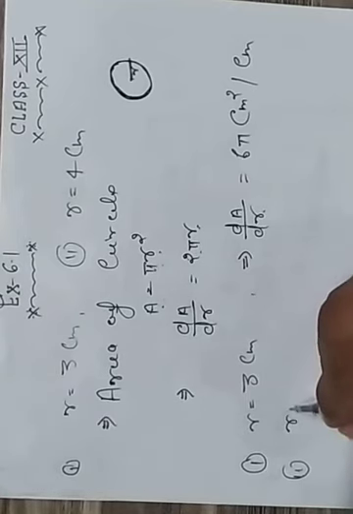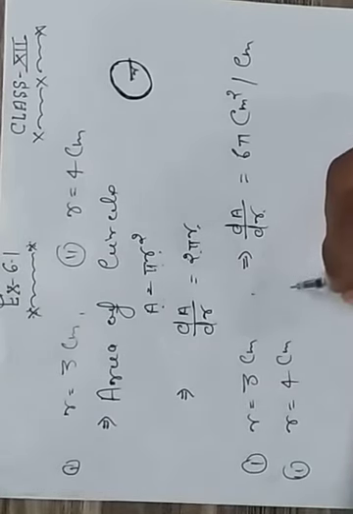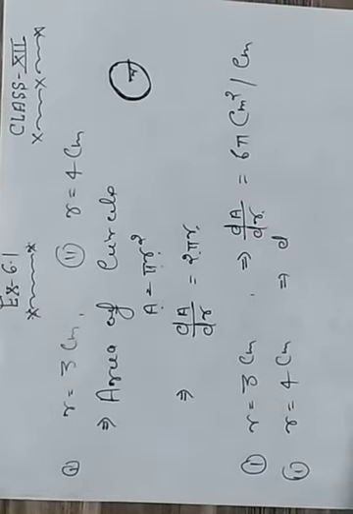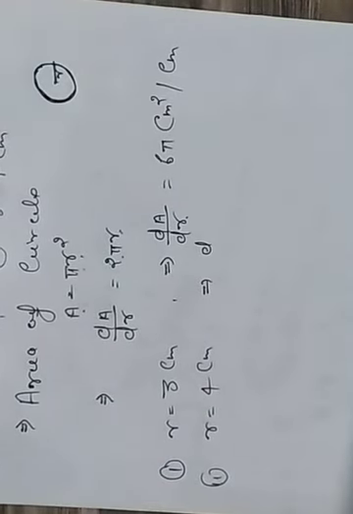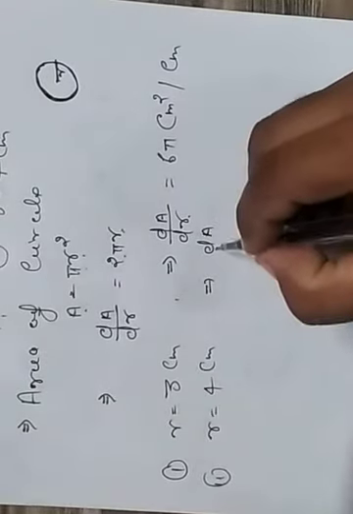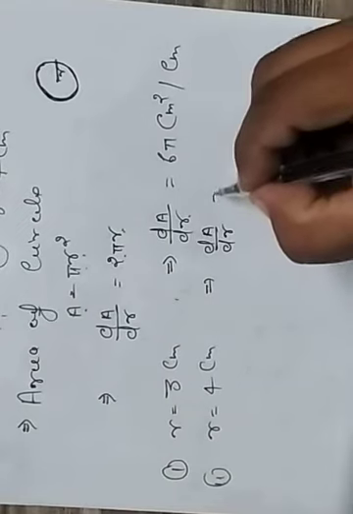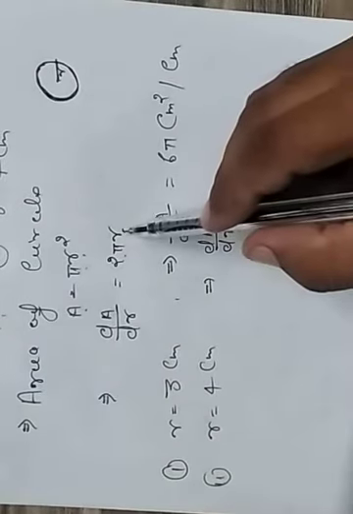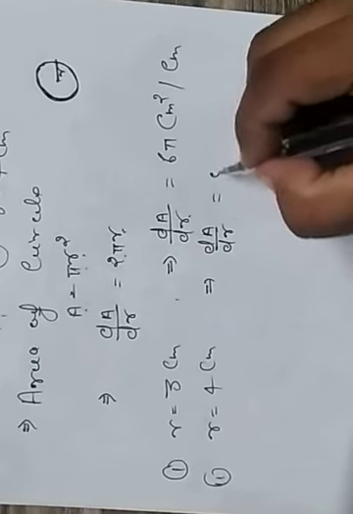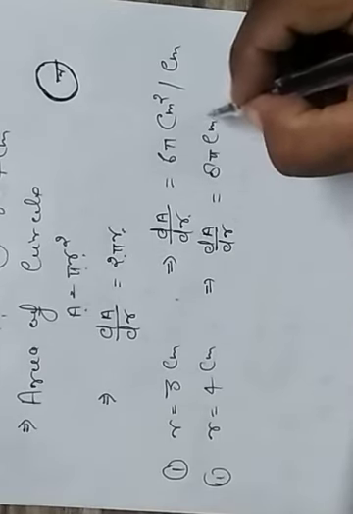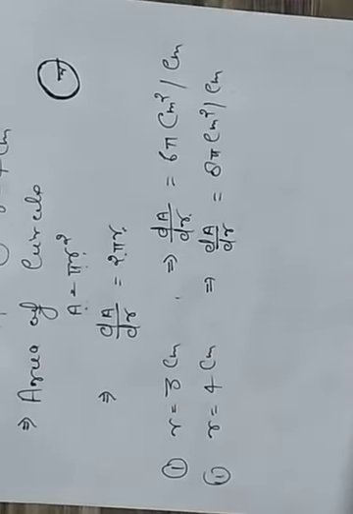Second part is when radius is equal to 4 centimeter, rate of change of area is equal to 2 pi into 4, that is 8 pi centimeter square upon centimeter.